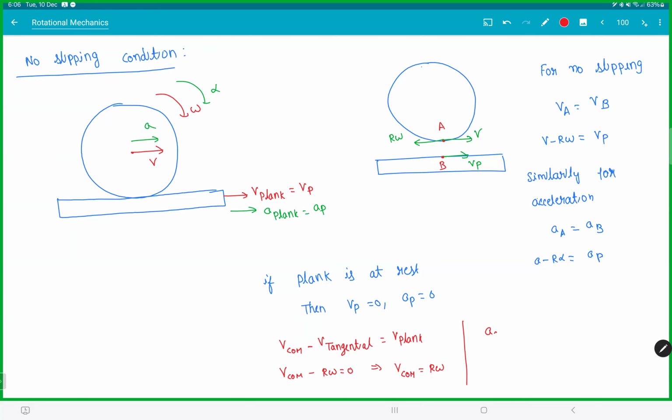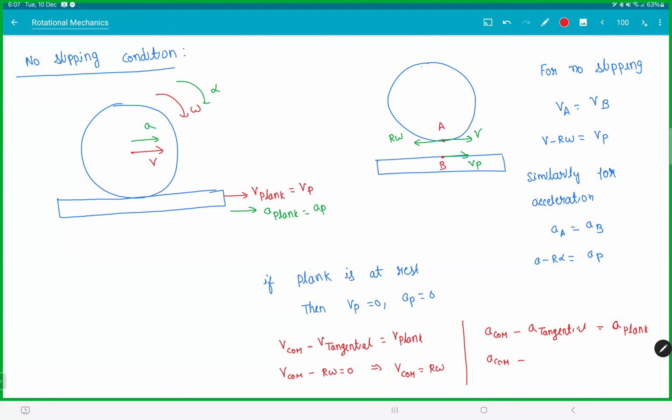Similarly, A center of mass minus A tangential. Again, this is when the plank is at rest. So I don't want you to byheart this. Don't say V is equal to R omega. People, you ask them no slipping condition, V is equal to R omega. They don't know what they're talking about. It's a very special case when you're on a ground. And if you ask them, how did you get R omega?